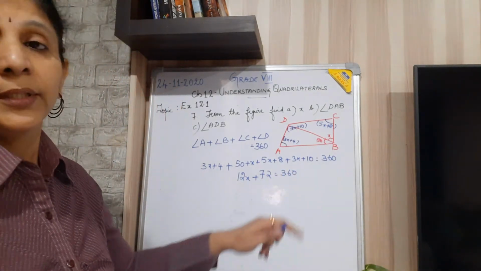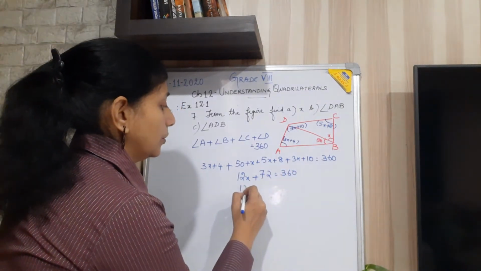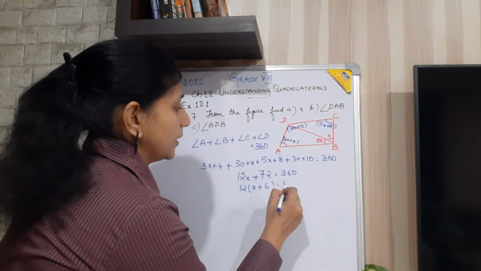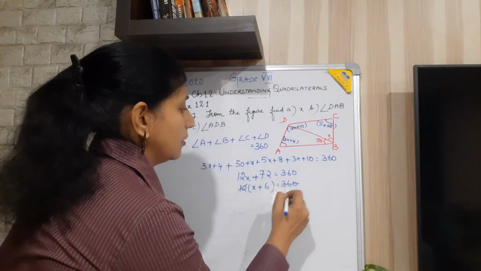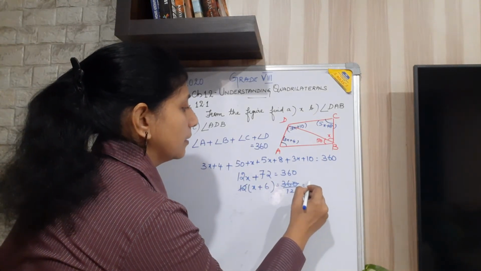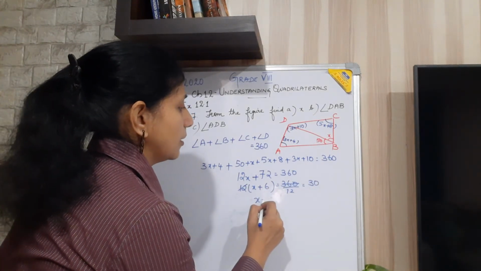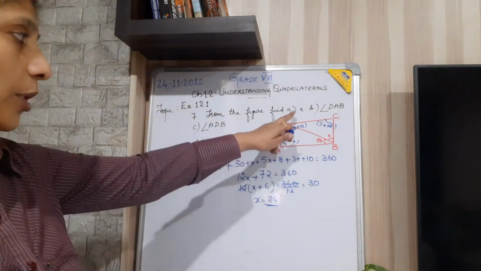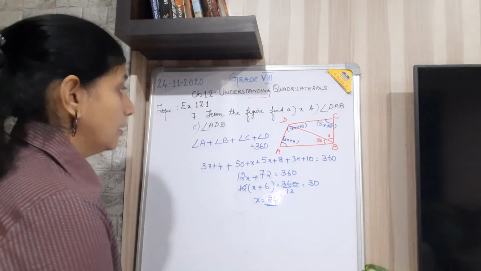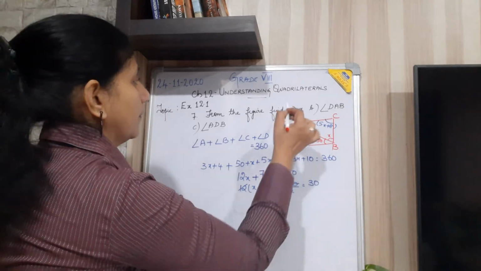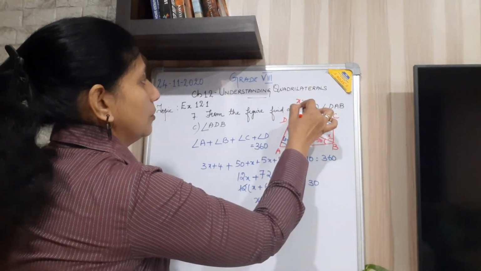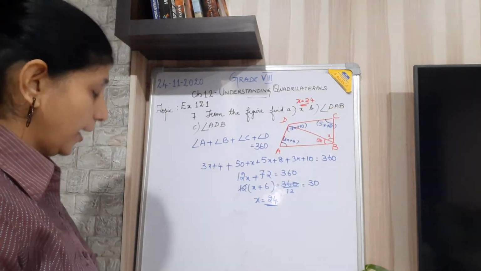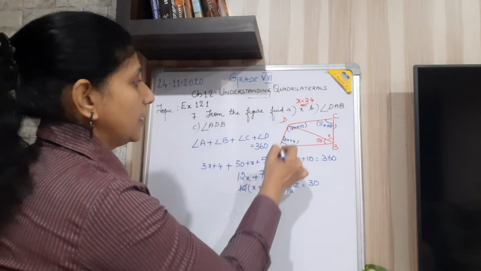What is the common factor here? 12. So 12 into (x plus 6) equals 360. So you can divide by 12, that is 30. So x is equal to 24. You got x. Now next you have to find angle DAB.